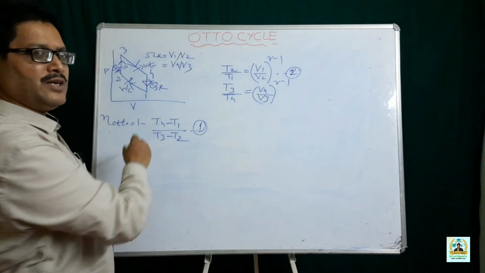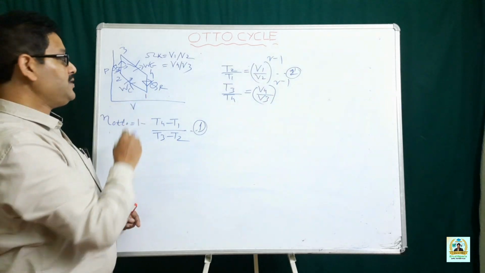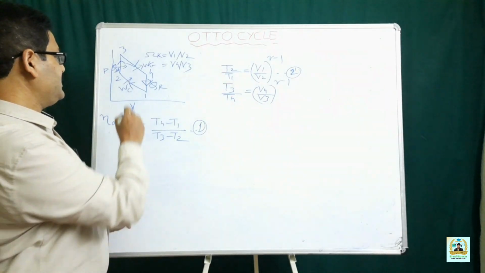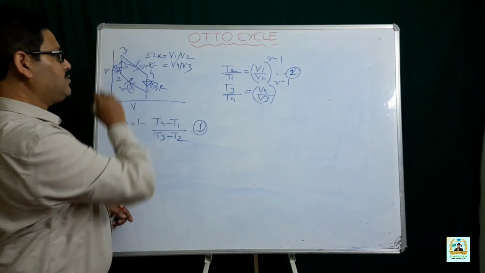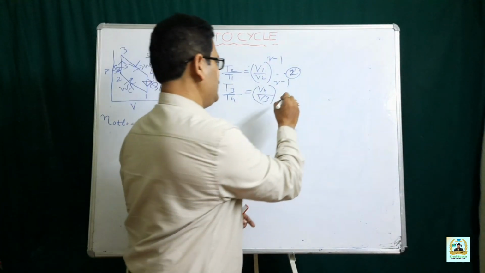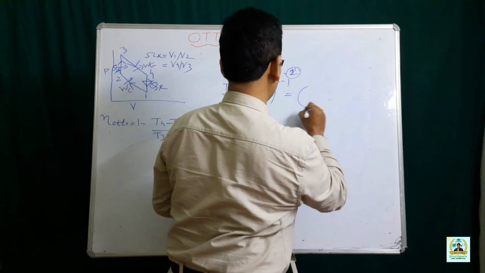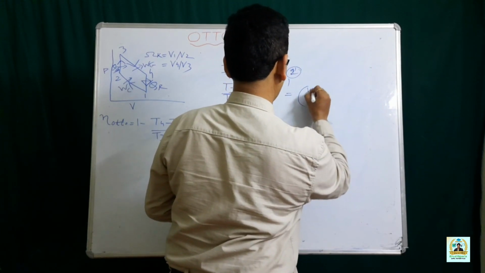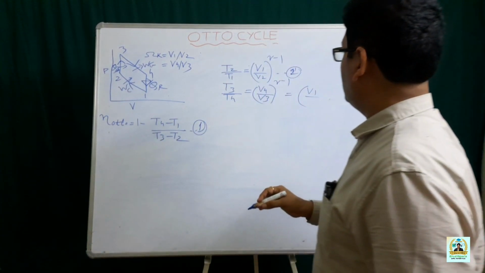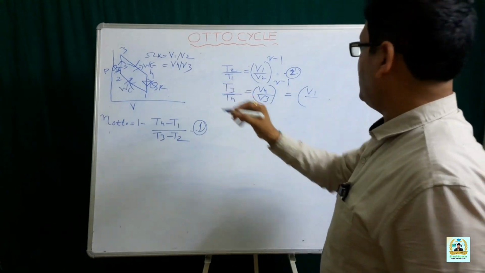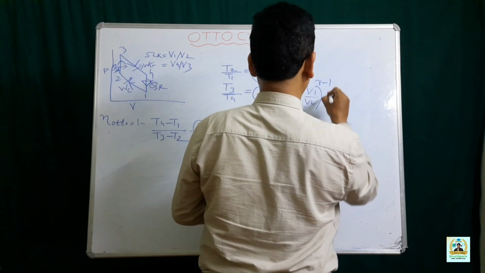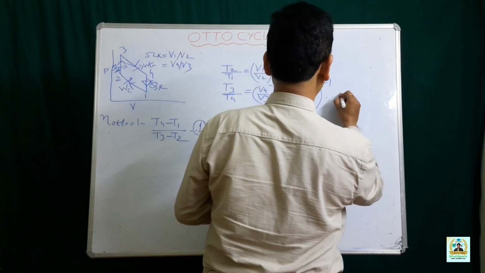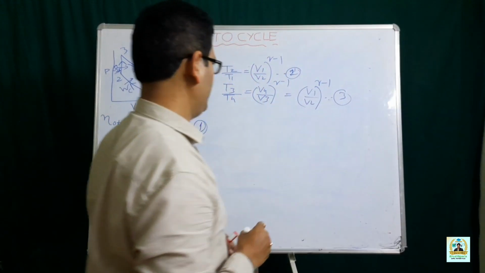But one thing that you can observe by referring to the PV diagram is that V1 is equal to V4 and V2 is equal to V3. Now, V4 may be substituted by V1 and V3 may be substituted by V2. So this becomes your equation 3.